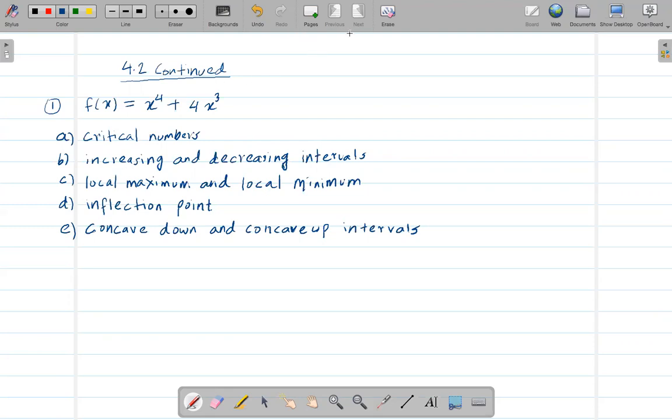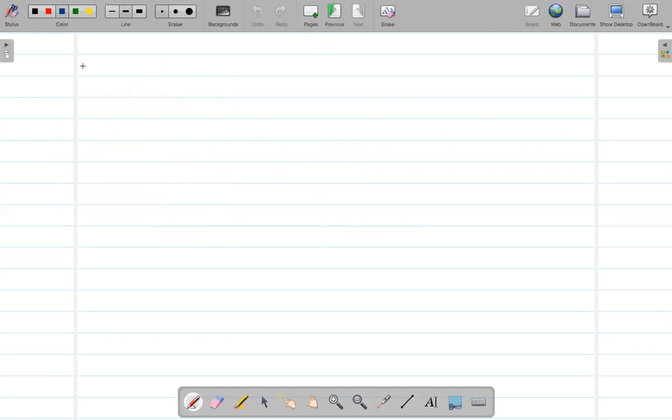Okay, now let's find the critical number first. Let me do it on the next page. We know that f of x is x to the power 4 plus 4 times x to the power 3. To find the critical number, we need to find f prime.